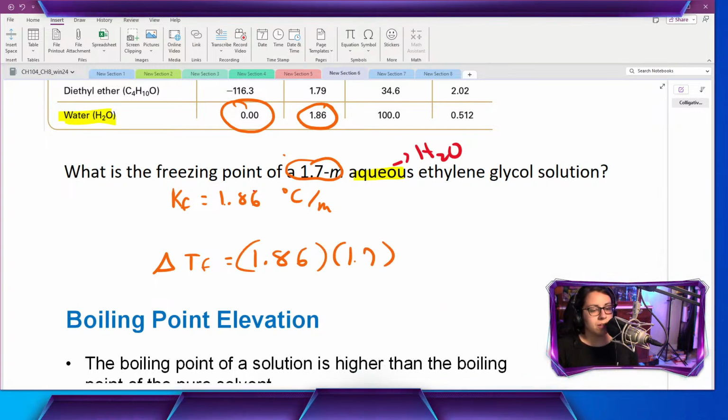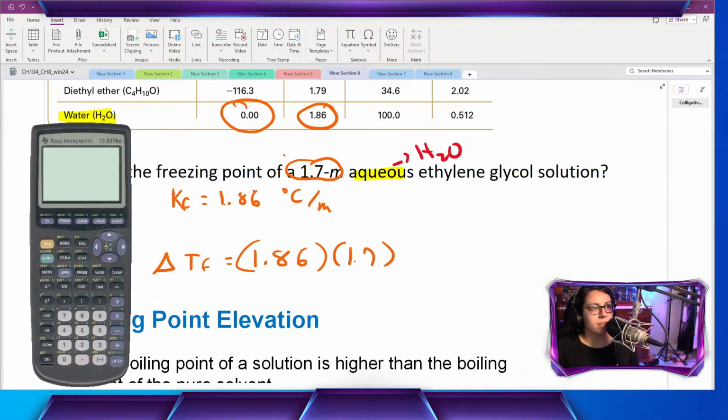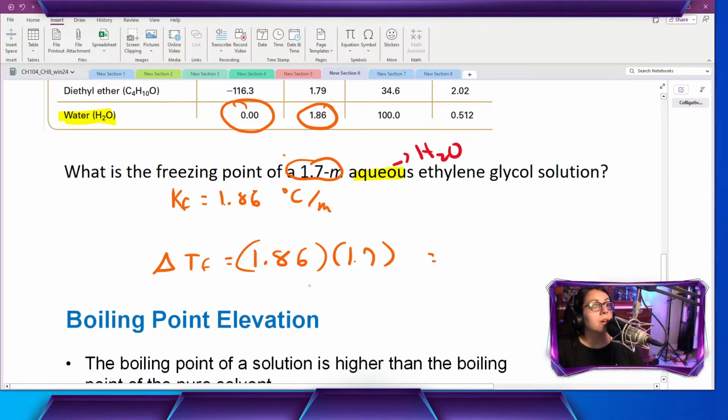Let me pull out my calculator. And so I get about 3.16, or I guess I should round it to 3.2 with our sig figs.